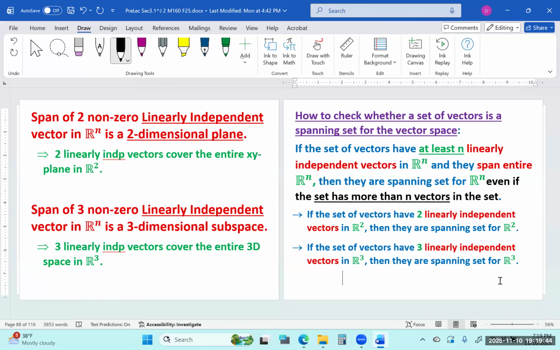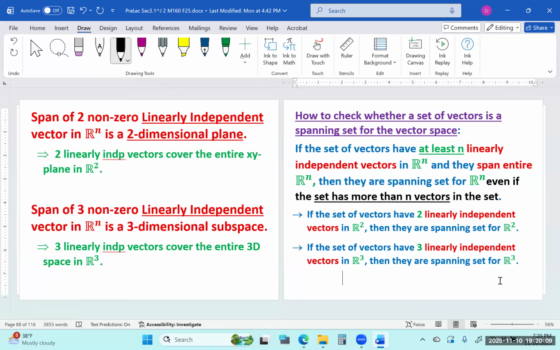If you have two linearly independent vectors in R2, then the set of vectors is a spanning set. If you have three linearly independent vectors in R3, then they are a spanning set. But if you have two linearly independent vectors in R3, they are not a spanning set. Means they do not span the entire R3.